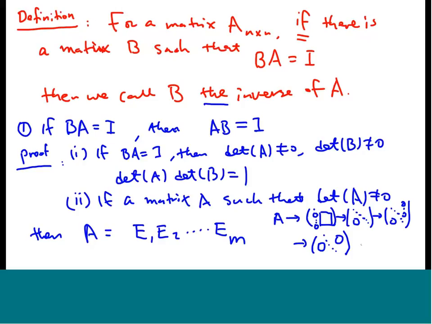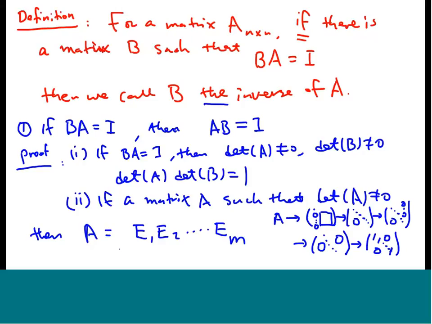Then using the third kind of elementary matrix, you get 1, so the diagonal entries must be 1. Which means that for every such matrix, you just multiply elementary matrices and you eventually get the identity.